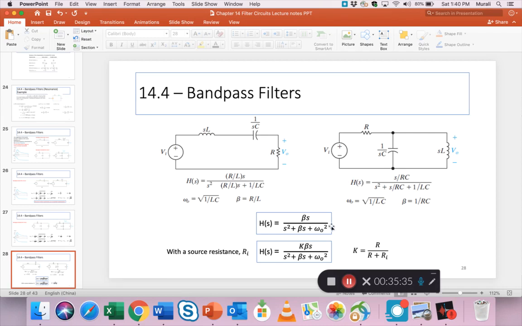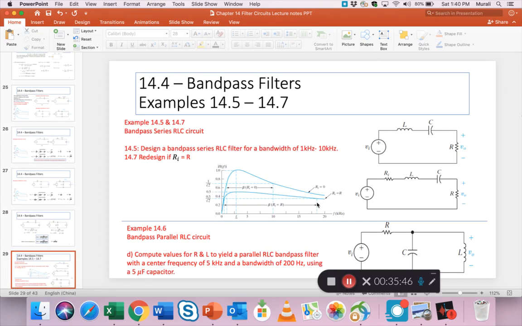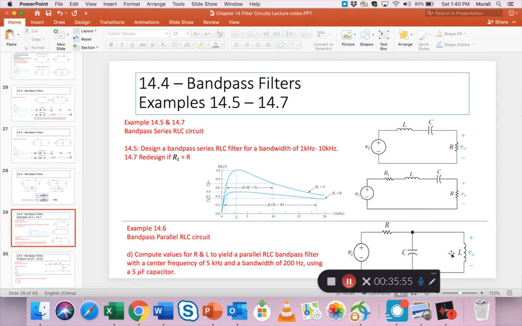One last variation on this basic idea of bandpass is if you have a source resistance Ri. I don't know why I haven't shown you a picture. Okay, it's on the next example slide. I moved to 29, and here in this circuit you see a situation where there is an extra resistance attached to the source. It's called the source resistance, and that complicates matters a little bit.